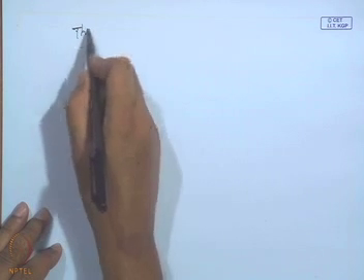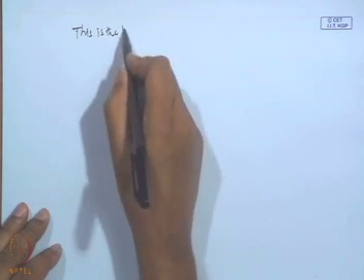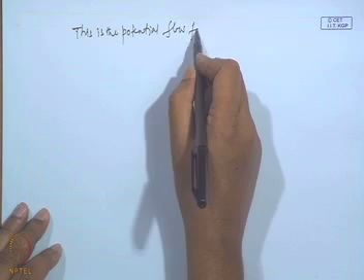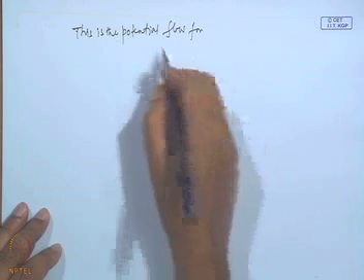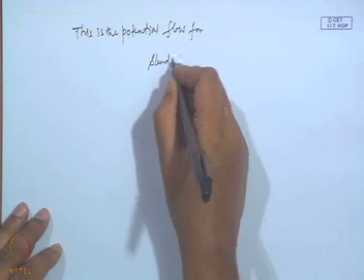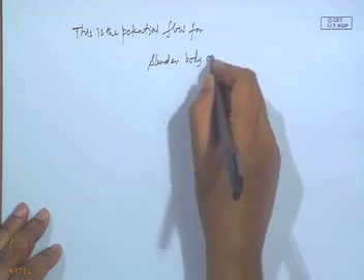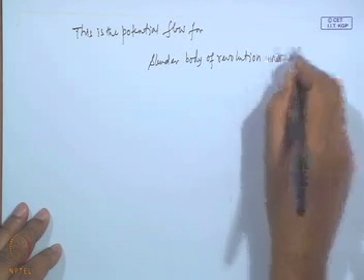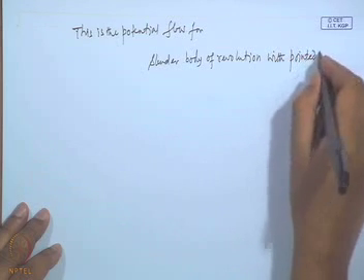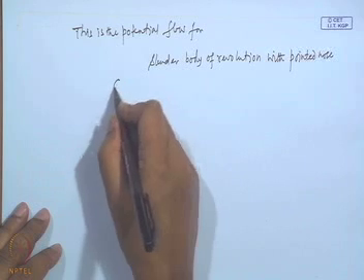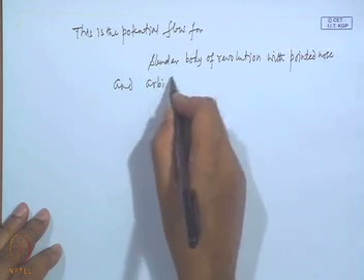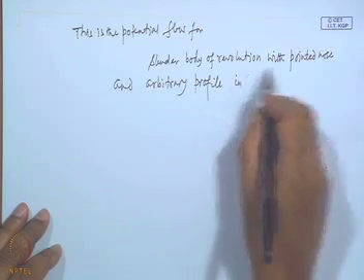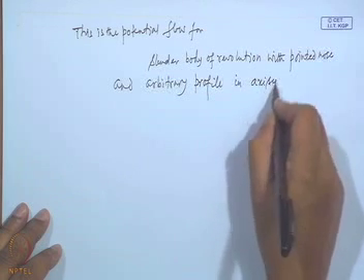So, this is the potential for a slender body of revolution with pointed nose and arbitrary profile in axisymmetric flow.